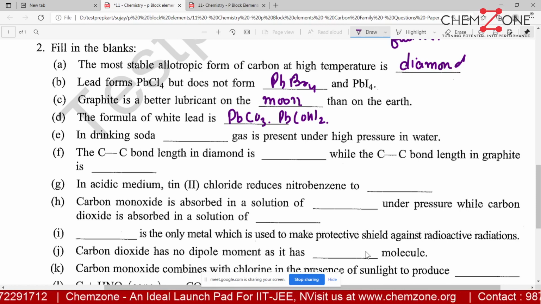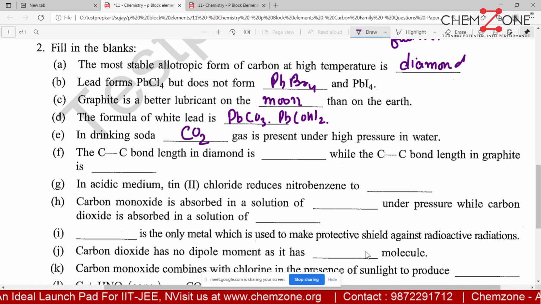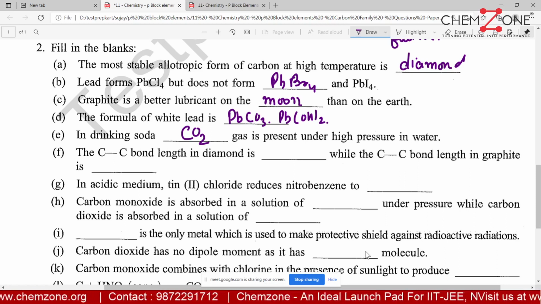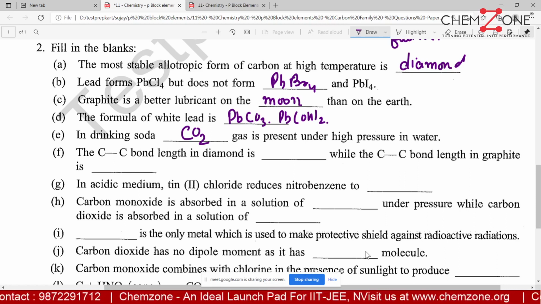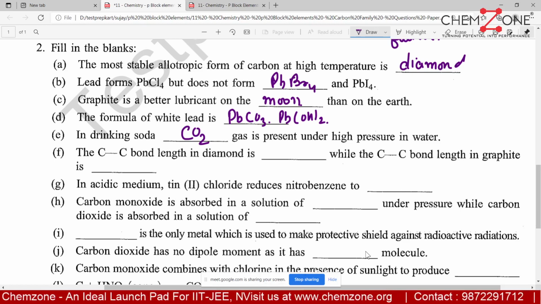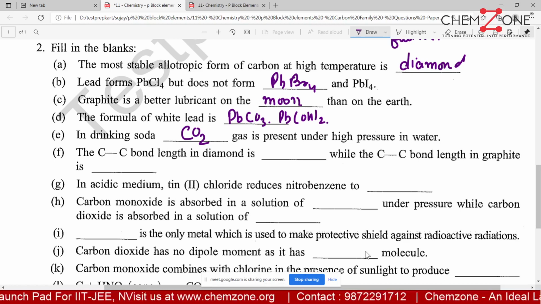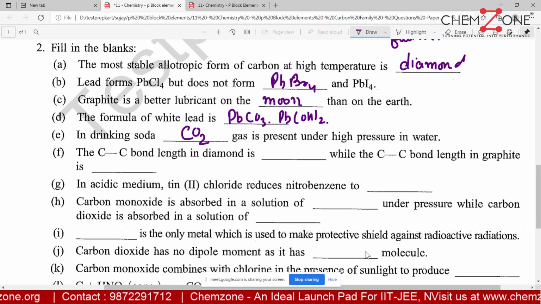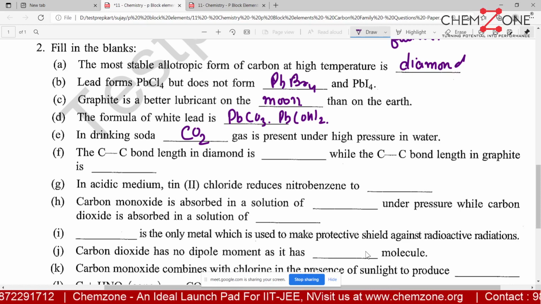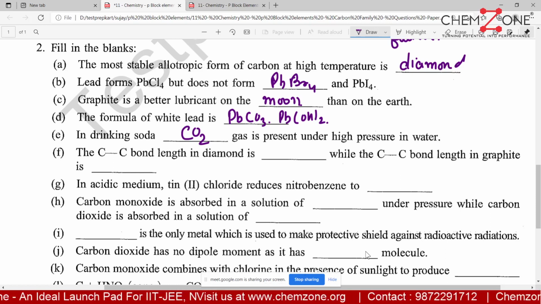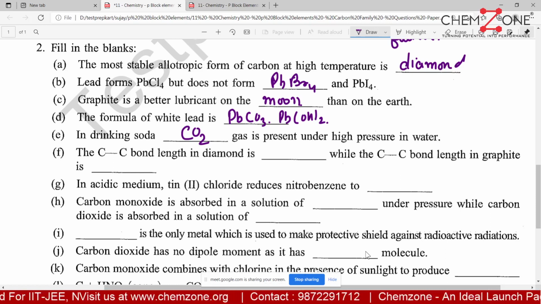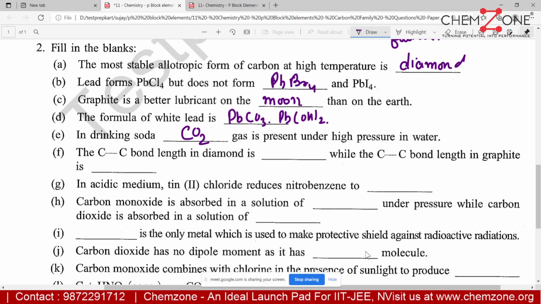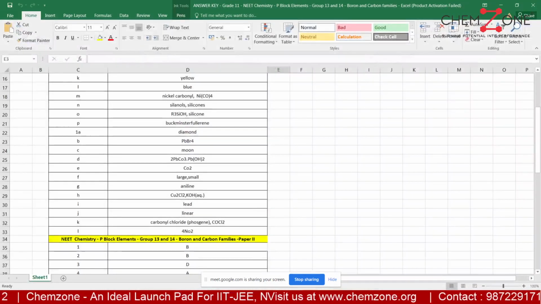In drinking soda, carbon dioxide is present under high pressure. The carbon-carbon bond length in diamond is, while the carbon-carbon double bond in graphite is, some values are given.